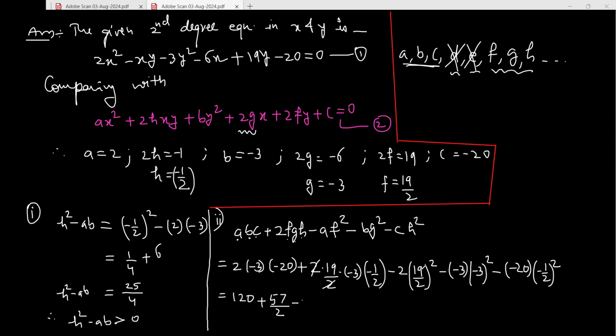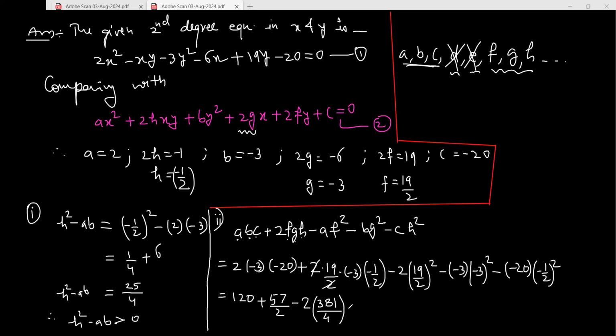Then minus, see, this is 19. 2 into 19 square is 381 upon 4. So this is minus 2 into 381 upon 4.